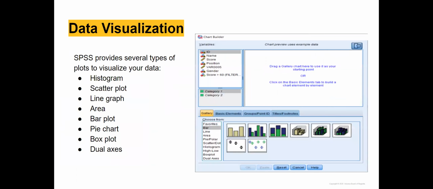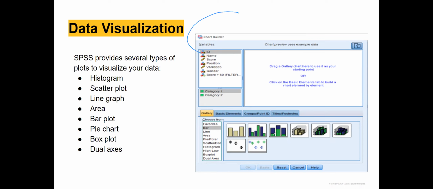Now, next is data visualization. This is the part I was talking about, the graph part. You can create a lot of plots to visualize your data. You can create histogram, scatter plot, line graph, area, bar plot, pie chart, box plot. You simply go to graph, chart builder. This dialog box will appear. You click the variables you want to include.